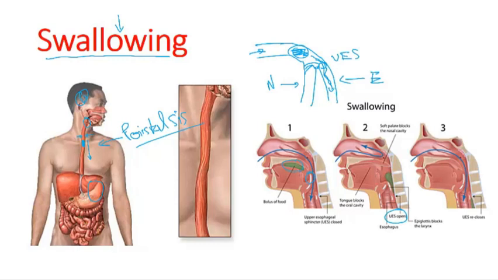Once the bolus enters the esophagus, the process of peristalsis begins. Peristalsis is a consecutive wave. Imagine this is the normal width of the esophagus, then there will be contraction of the muscle in side by side regions, and these contraction regions will move the food particle.